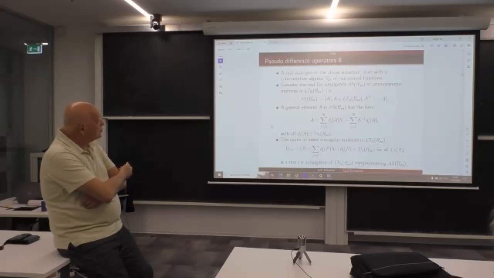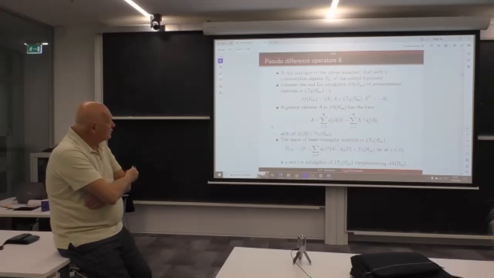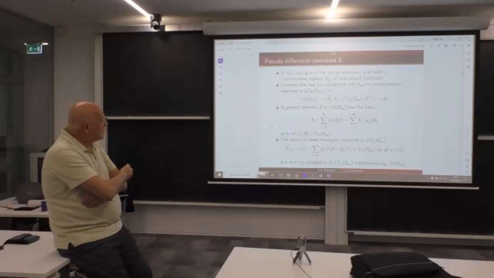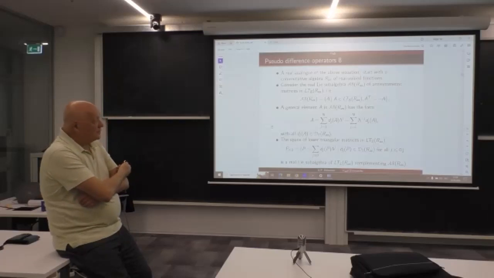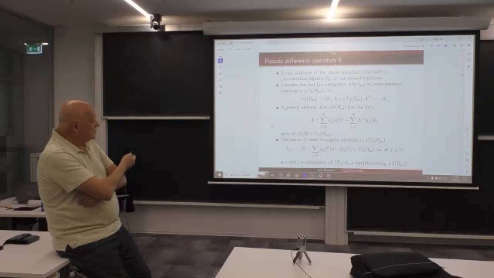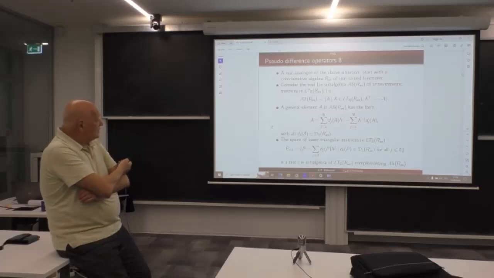So you start with a commutative algebra of real valued functions, which I denote as R. The anti-symmetric elements are now, instead of A star is minus A, simply that the transpose of A is minus A. You can easily express elements of this form in a finite number of powers of lambda.